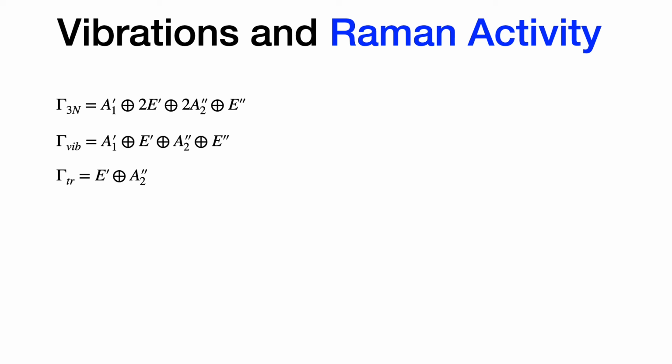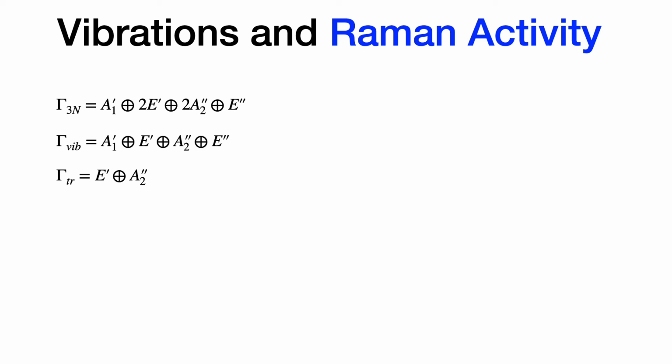I called them here gamma TR, so for translation. So they correspond to E prime and A2 prime prime. And therefore the gamma vibrations is whatever is left over from gamma 3n minus gamma translation, and we end up with those 4 possible acoustic modes, those 4 optical modes that we have in a system like MoS2.